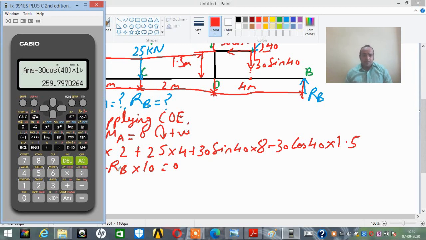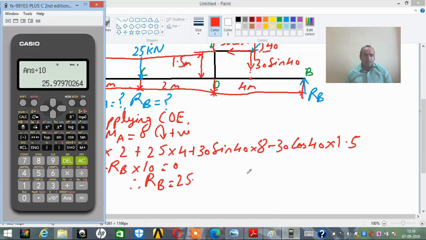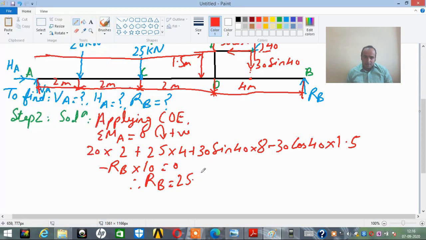The whole value has to be divided by 10 straight away. Divided by 10, we get 25.979. So therefore, friends, I can write RB is equal to 25.979 kilonewton, and of course it is acting in upward sense since the value has come out to be positive.